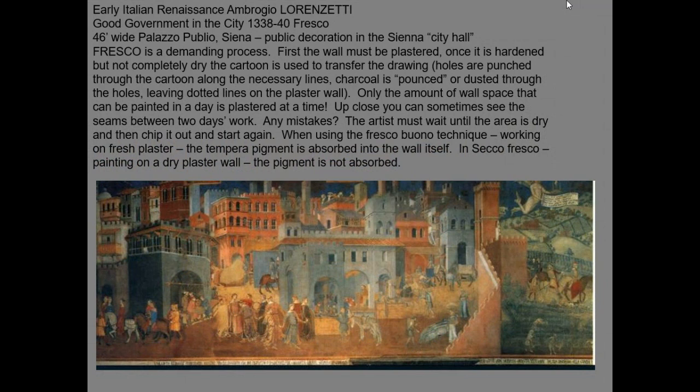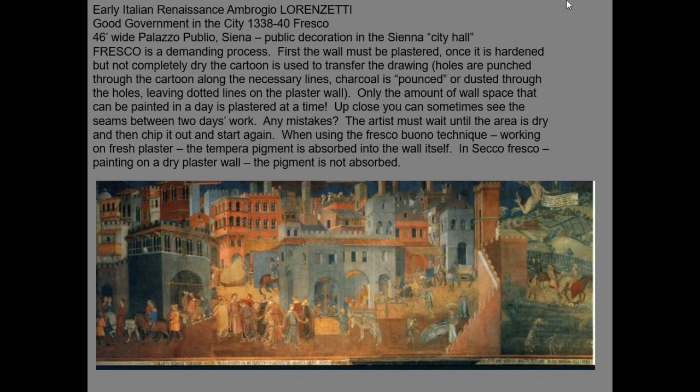And the advantage there is that the damp plaster, as it dries, will absorb the pigment, making the painting not so much paint on the wall as it is paint embedded into the wall. So it makes it far more permanent and less likely to be damaged.